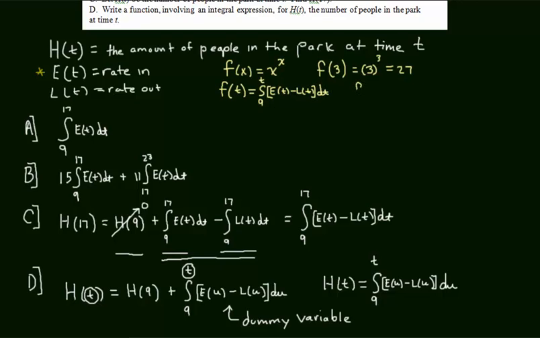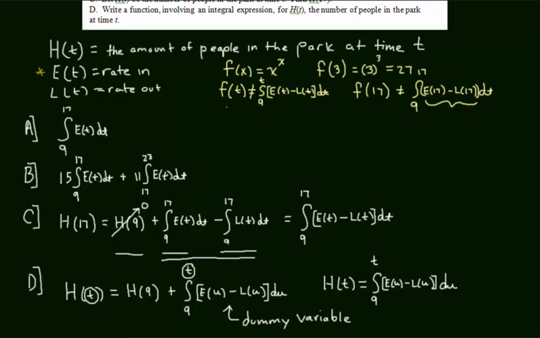Then if I were to ask to find f of 17, like we did in part C, I would have to plug 17 for all t's. So that would be from 9 to 17, but then I would also have to plug it in here. E of 17 minus L of 17 dt. The problem is this gives me a number. It's not a function for which we want to integrate over. It's a number that we're integrating over. So this would be bad.